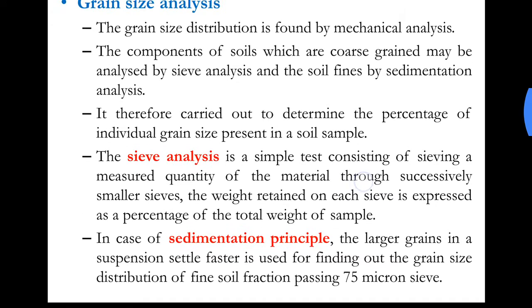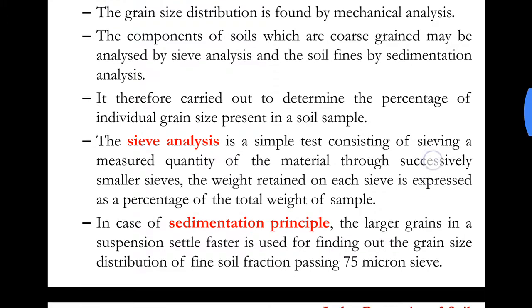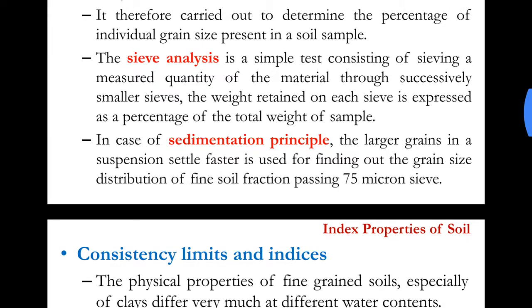We put the weighed sample of aggregate through the topmost sieve, and later on we calculate the weight retained on each sieve divided by the total weight of the sample. By this we will get the proportion of different grain sizes present in our soil sample. This is nothing but sieve analysis. The second one is sedimentation analysis.